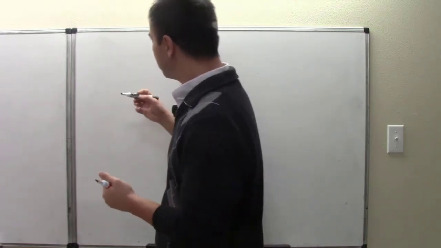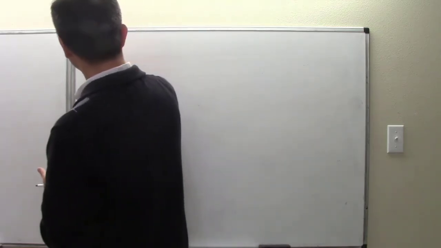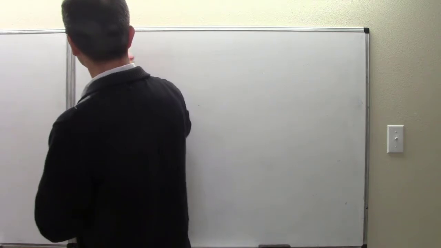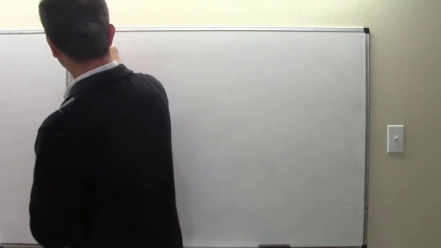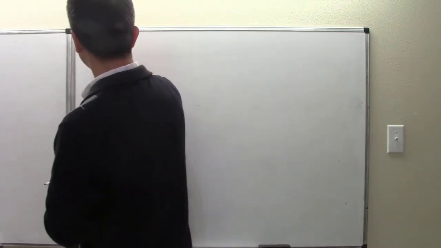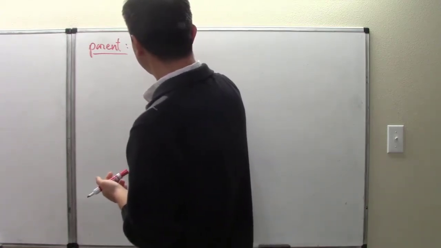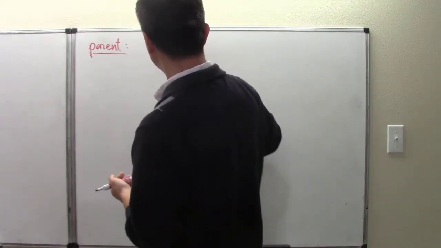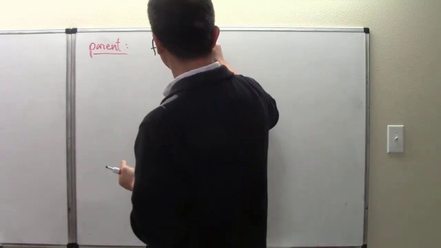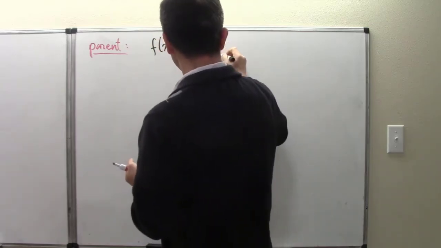So now let me introduce the parent function as follows. For the parent function, I'm going to introduce f of x equals 2 minus square root of x.